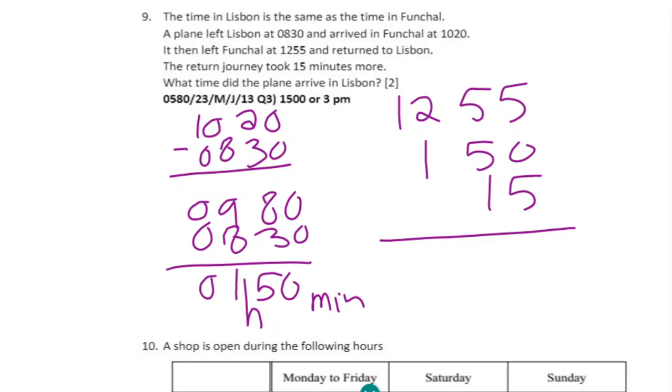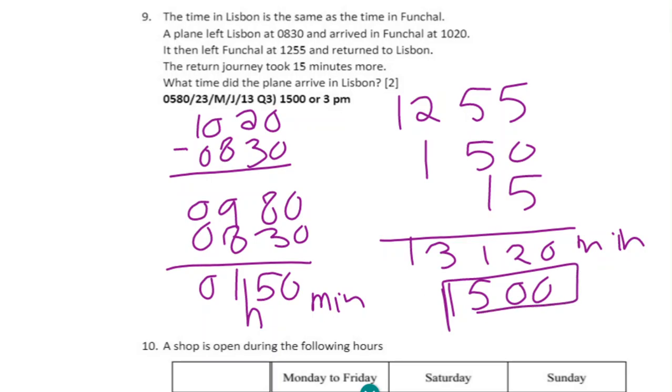So 55 minutes plus 50 minutes plus 15 minutes gives us 120 minutes, which is actually 2 hours, and 12 plus 1 gives us 13 hours. So the final time will be 13 plus 2 hours, which is 15:00, or subtract 12 from it and get 03:00 p.m.